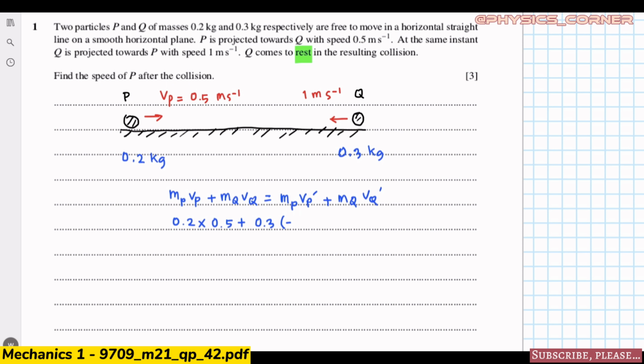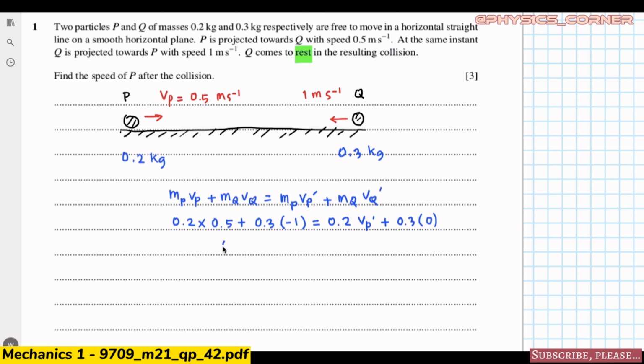Remember that Q moves toward P, so when P is positive, going to the right, Q is negative because it goes to the left: negative 1. This equals 0.2 times Vp after collision, plus 0.3 times Vq after collision, which is rest, so it is 0.